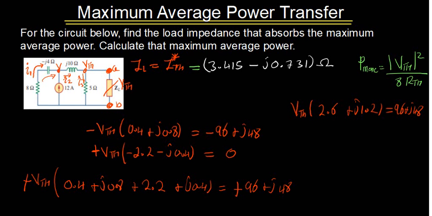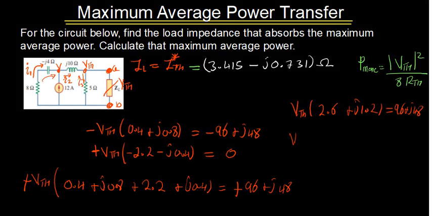So now you can divide both sides by that. V Thevenin will be equal to 96 plus j48, divided by 2.6 plus j1.2.